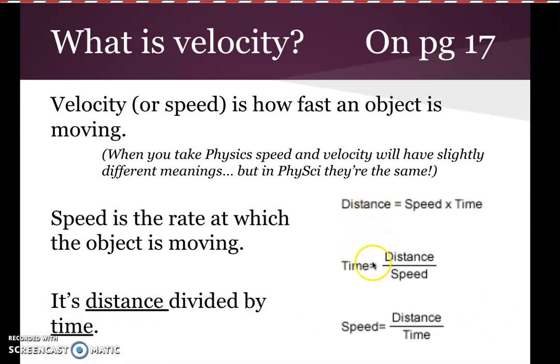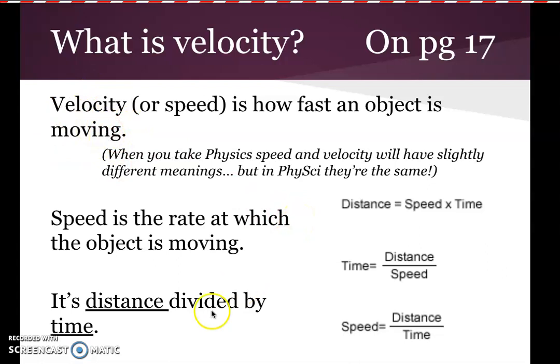And so we actually have three different equations. They're the same equation, just rearranged algebraically. We're not going to worry about the algebra here in science class. And I would actually take a moment to jot some of this down on page 17. I would definitely write down speed or velocity is how fast an object is moving.